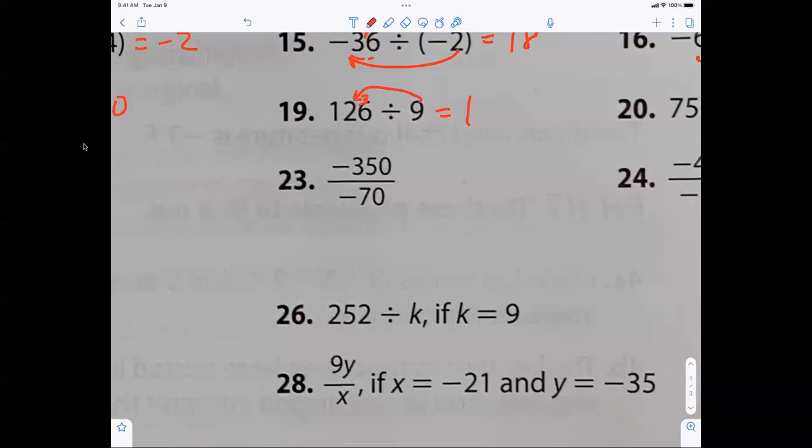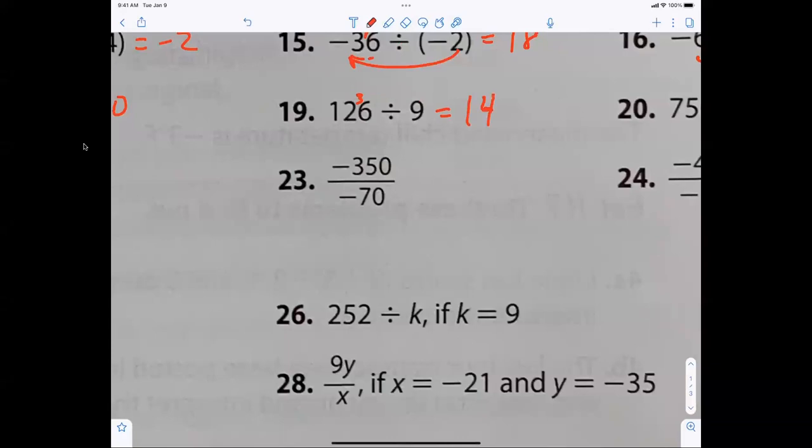Thank you. How many times does 9 go into 36? Yes, 4. Is the answer positive or negative? Good, perfect.